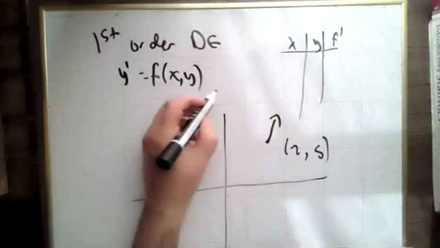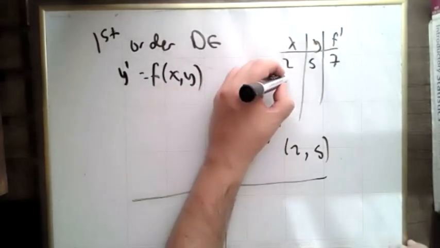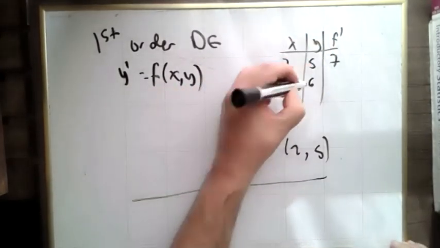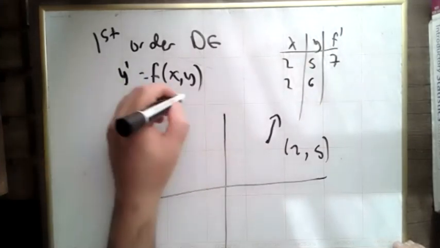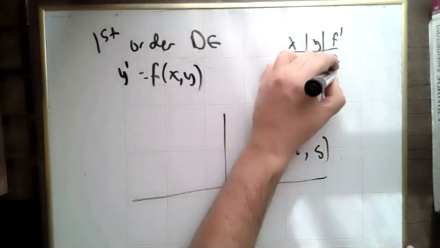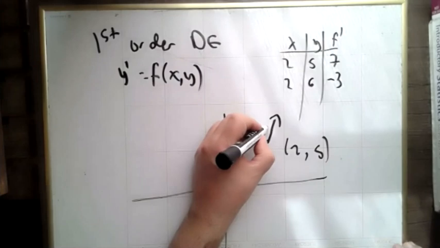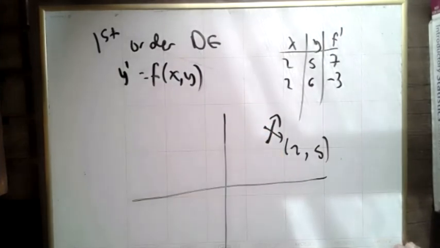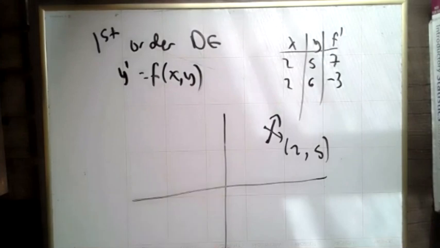And maybe we plug in the point (2, 6), and we plug that in here, and maybe we get -3. So then at the point (2, 6), we're going to graph a unit vector of slope -3. And we're going to do that all over the plane. We're going to plot a whole bunch of these, and that's called a slope field.